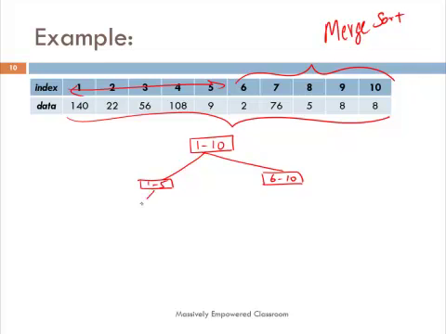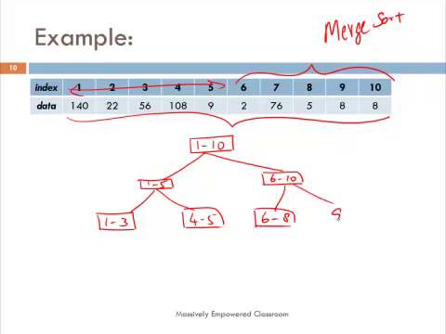I'm going to further divide it into sorting the array from 1 to 3 and from 4 to 5. Similarly, from 6 to 8 and then 9 to 10. Now, how do I sort an array from 1 to 3? I don't know how to do that. So I'm going to further divide that into 1 to 2 and then 3 to 3.